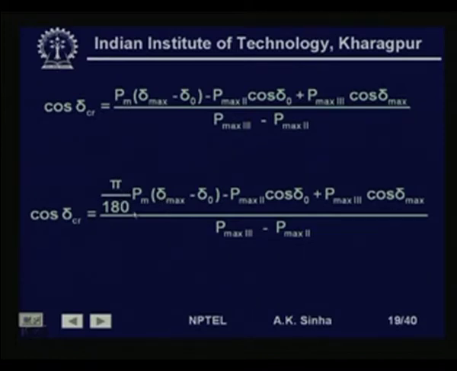So, we multiply by pi by 180 and we get this value. When we are using radians, we use it directly; when we are using degrees, then we have to convert them into radians. So, this is how we can calculate the critical clearing angle.